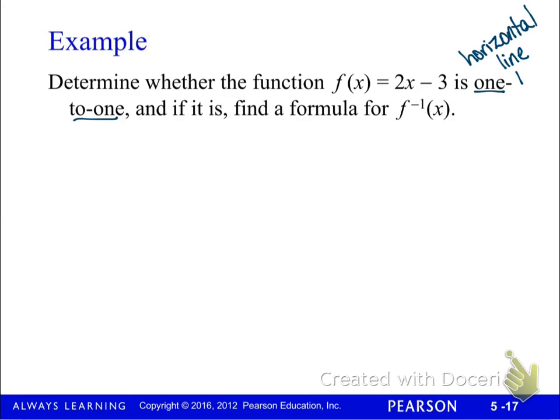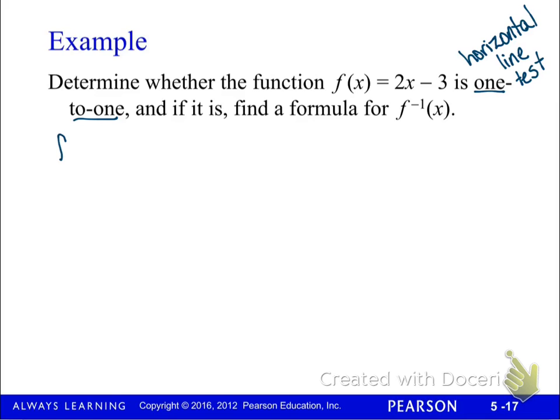And there are some great videos available to you on what a one-to-one function is, so definitely be sure to review that. Now, this particular function is a line, f of x equals 2x minus 3. It is a line with a positive slope. Therefore, it is a one-to-one function, and so that means that its inverse is also a function. So we are able to find an inverse function for this.